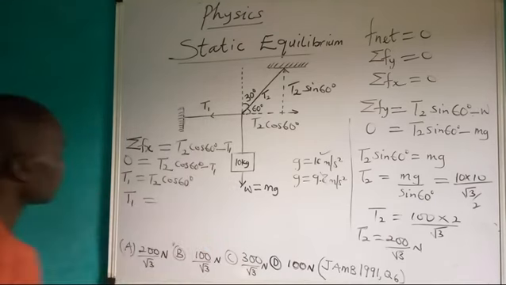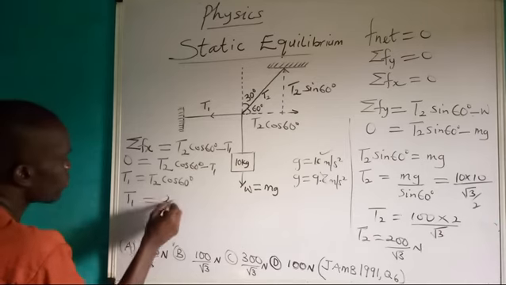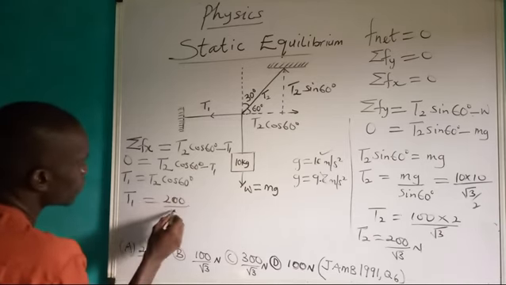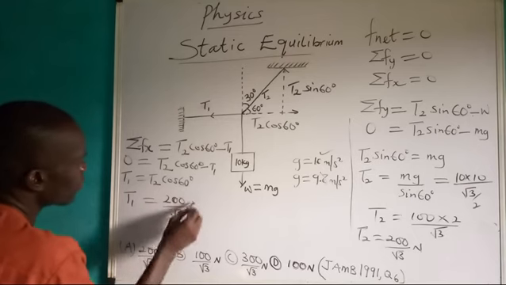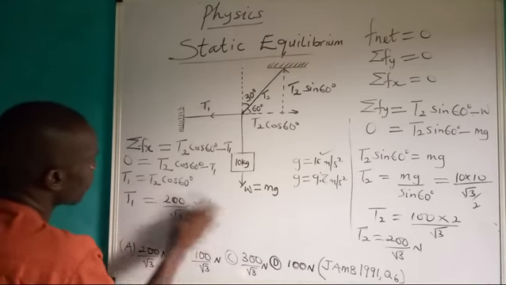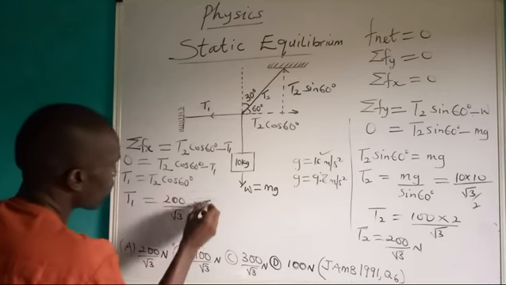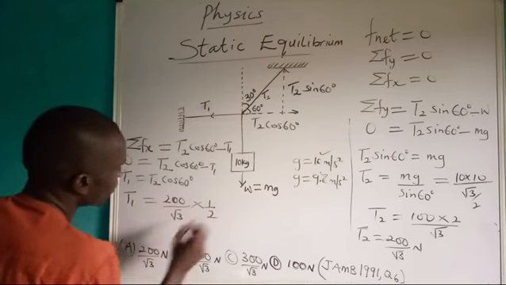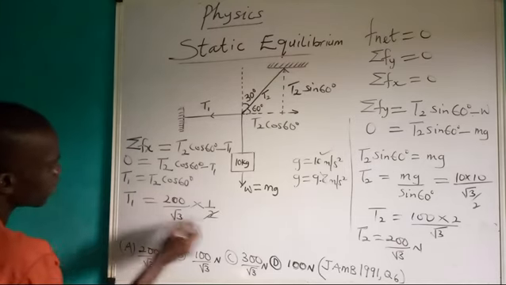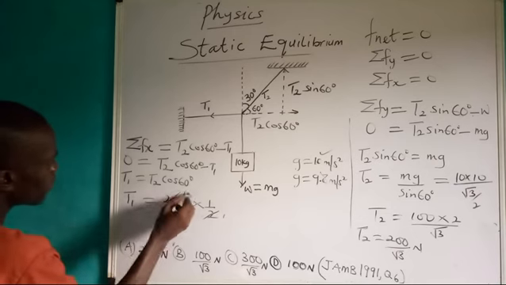Our T2 is 200 over root 3. We are not looking at it in the case of decimal. We want to look at it without using decimal. Therefore, cos 60 degree will be 1 over 2. So the 2 here goes to 1, and 200 becomes 100.